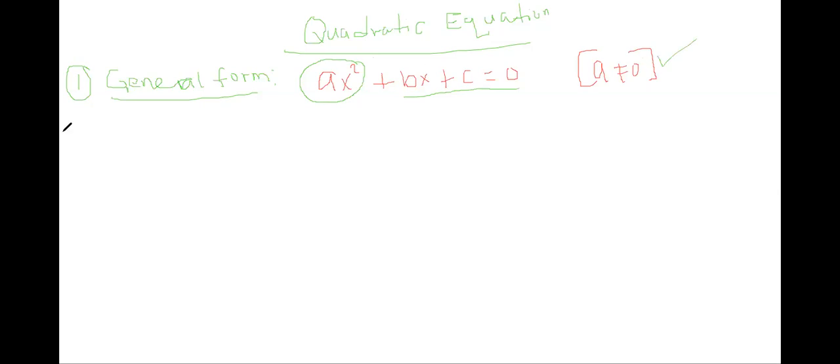After that, how do we know it's a quadratic equation? First, the variables here are what? This x and this x, they are the variables. If you look at c, c is nothing but a constant.